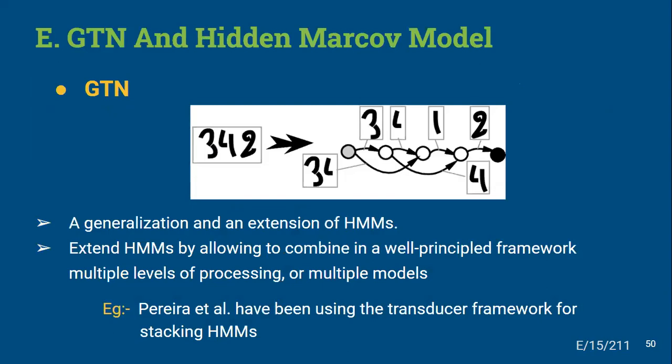GTN Hidden Markov Model. GTN is a generalization and extension of HMMs by allowing to combine, in a well-principled framework, multiple levels of processing. As an example, Pereira and others have been using the transducer framework for stacking HMMs, representing different levels of processing in automatic speech recognition.